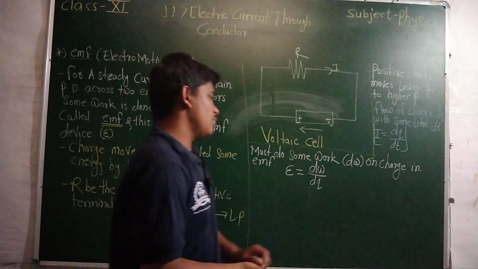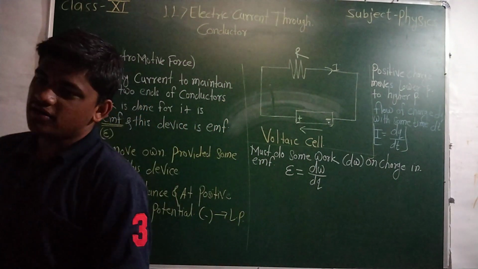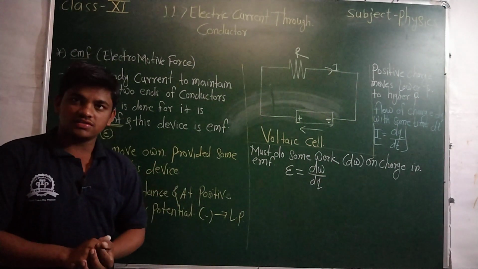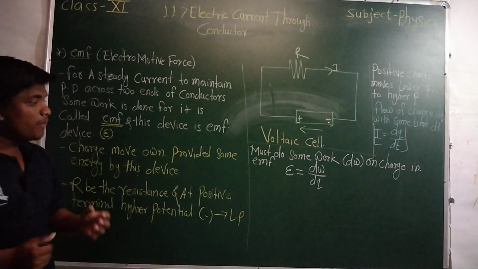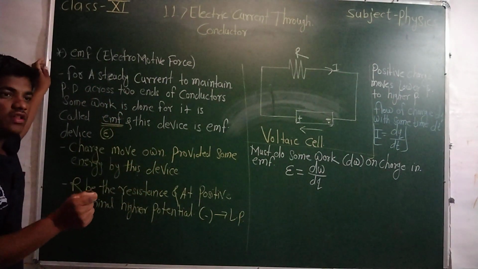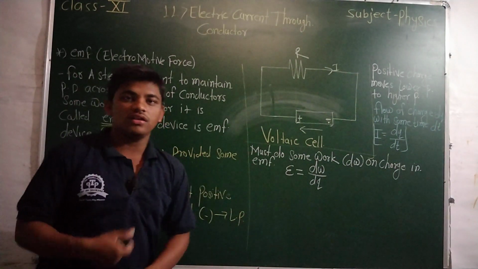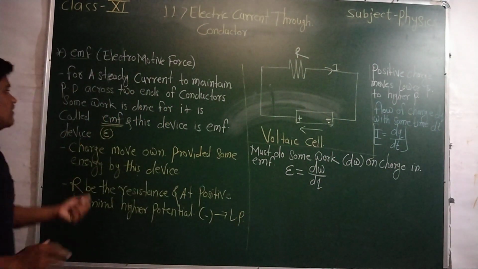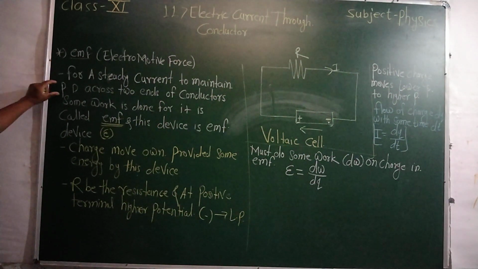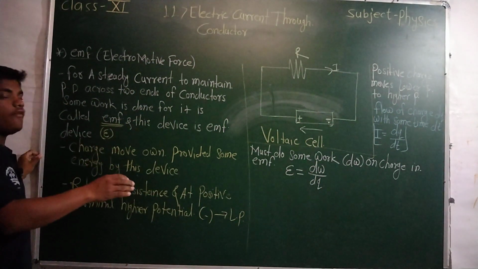This is the EMF. At the start of these lectures, we said that current flows through the conductors, that is, charges flow. To maintain a steady current, that is, to maintain the potential difference across the two ends of the conductor, some work must be done.